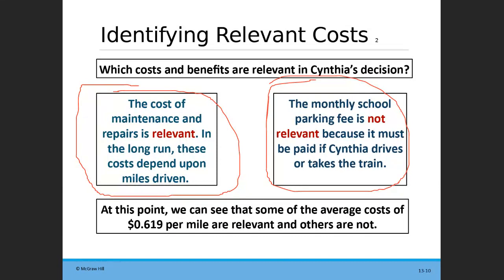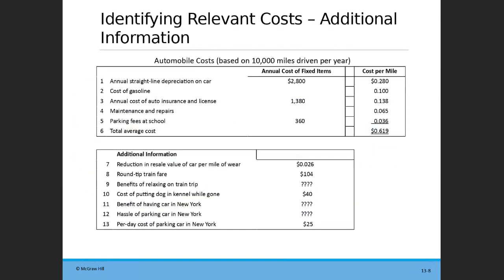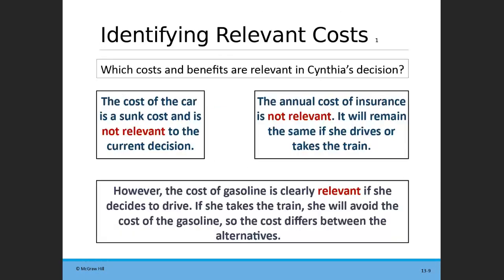So that 61.9 cents per mile, some of those, right? This number right here is based on things like depreciation, not relevant. Insurance and license, not relevant. Parking fees at school, not relevant. So this is based on some not relevant items.